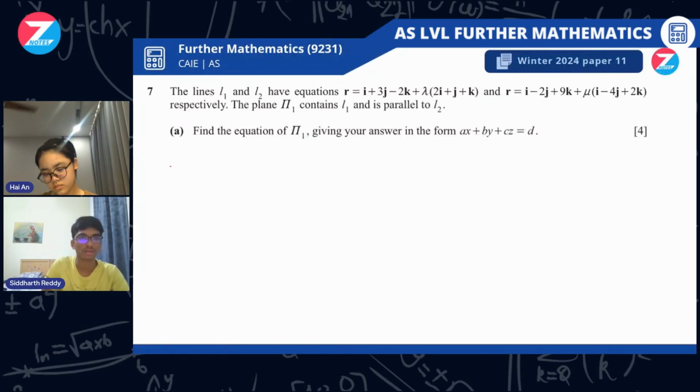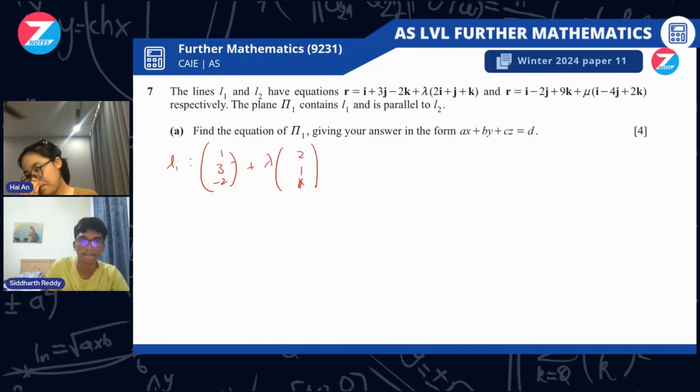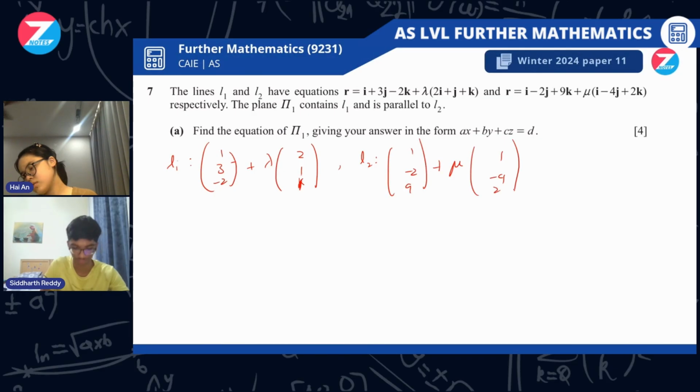So we got L1 as (1, 3, minus 2) plus lambda of (2, 1, k). I mean (2, 1, 1). And we got L2 as (1, minus 2, 9) plus mu of (1, minus 4, 2).